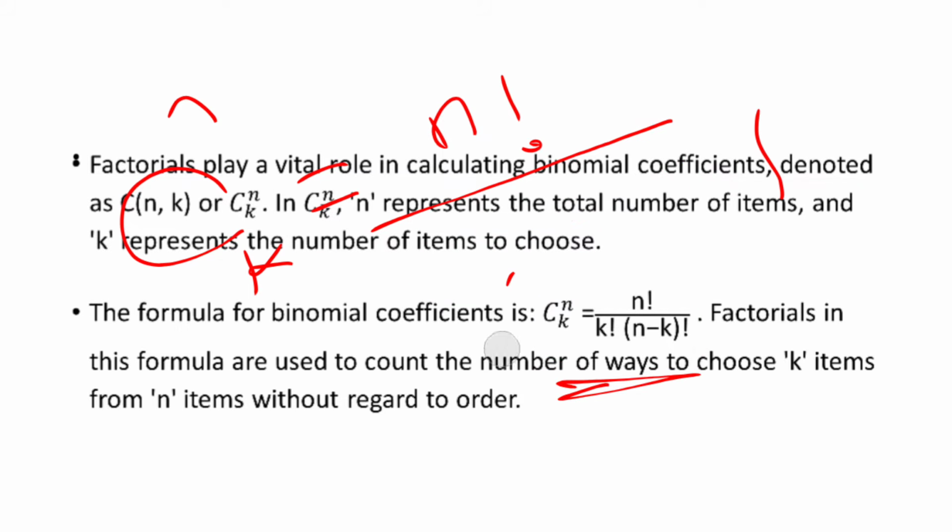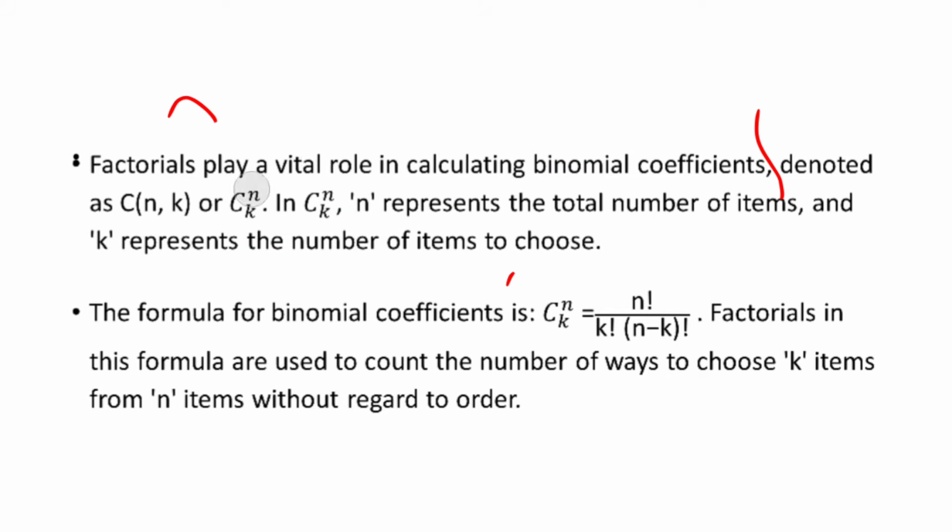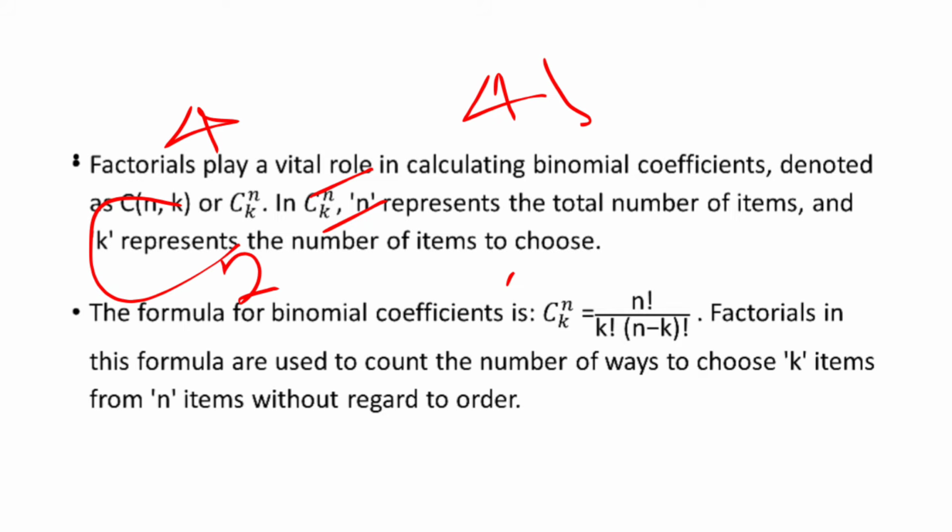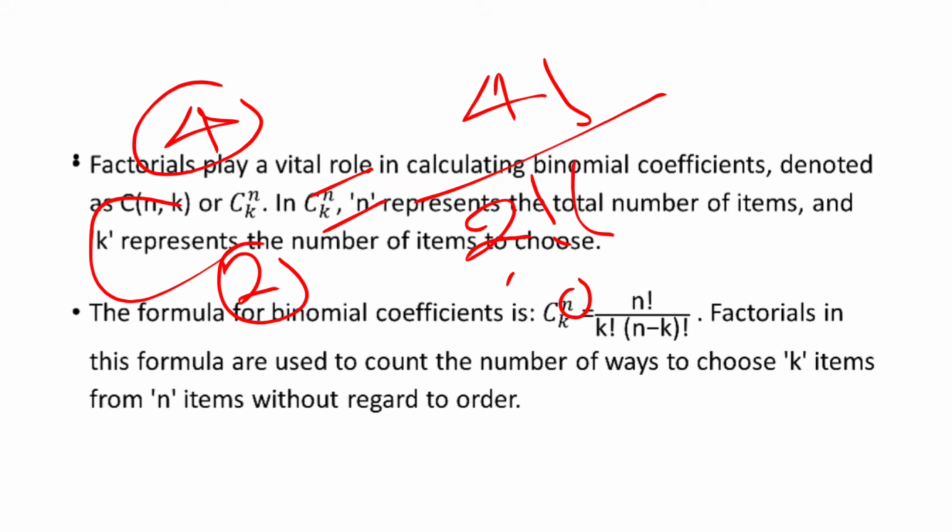Now we know n is the total number of items you have, and you're choosing k. If I happen to have 4 items, and I want you to choose 2 items, the formula is saying that you should solve for 4 factorial, because my n is now 4 and my k is 2. So that will be 2 factorial times (4 minus 2) factorial. So that's what the formula is saying.